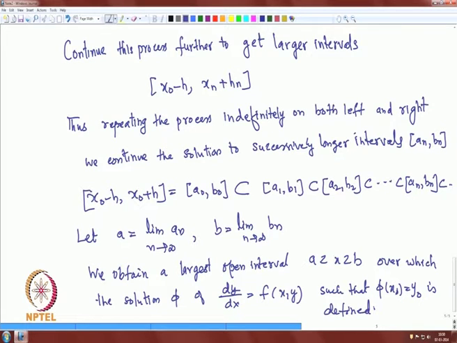So, we can find such a larger interval a less than x less than b, on which the solution of this initial value problem is defined.